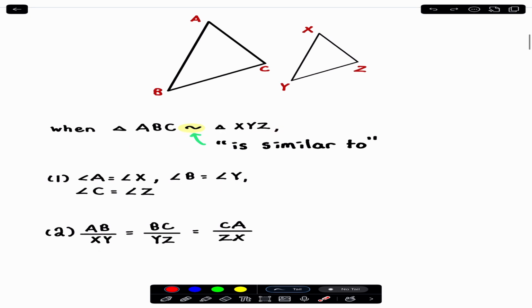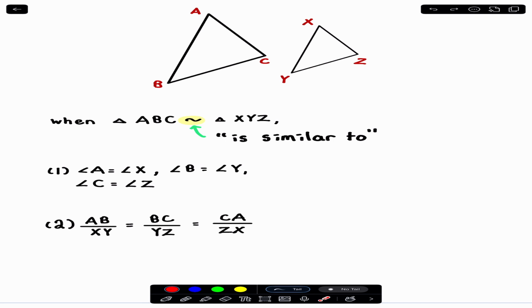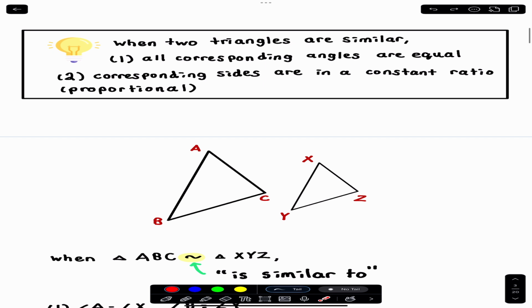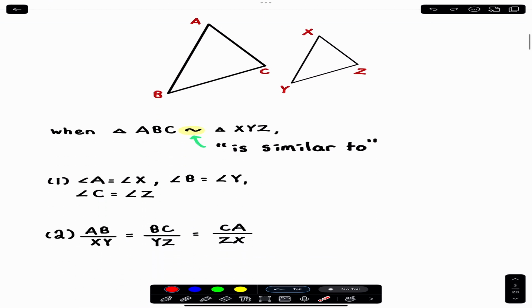And speaking of ratios, actually, over here. So this is what I meant by corresponding sides are in a constant ratio, so they're proportional.